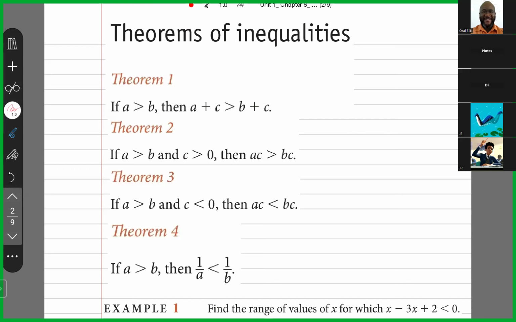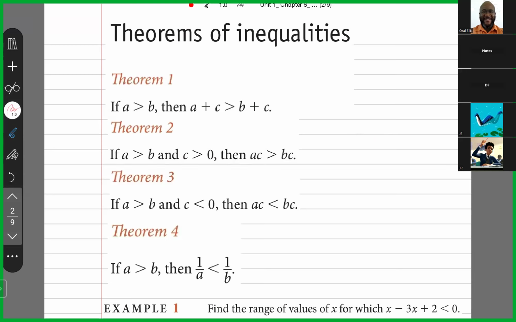The initial sign was a greater than sign, and after you multiply both sides by a negative number, it changes to a less than sign.